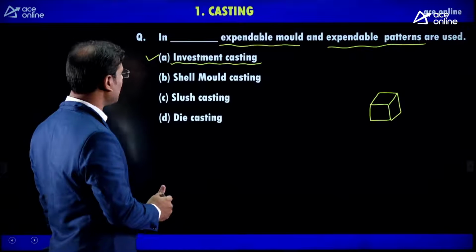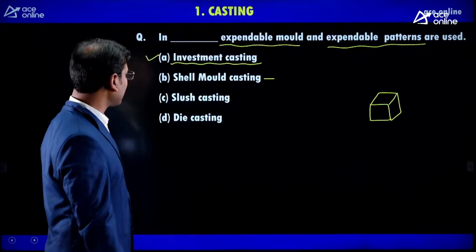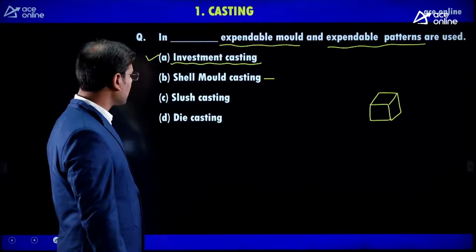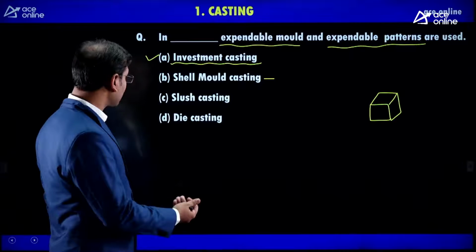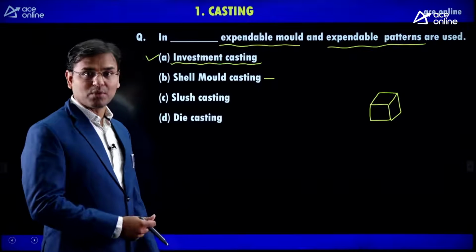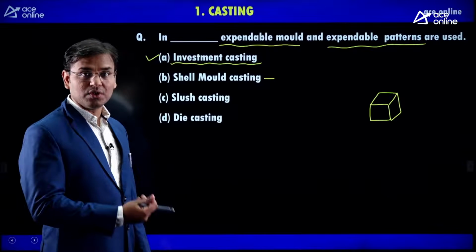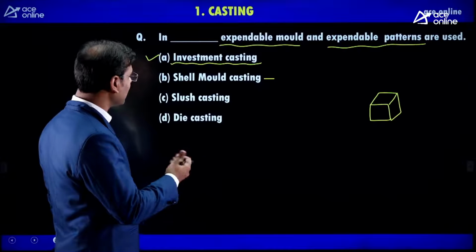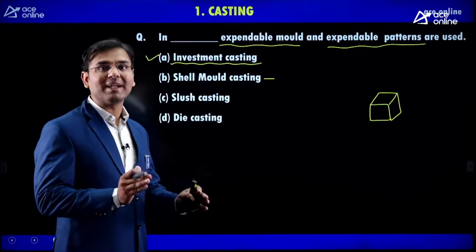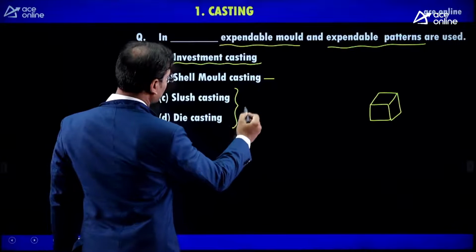Okay. In shell mold casting, guys, it is only an expendable mold process, only the mold we are going to break in the shell mold. And in slush casting also, if we make a sand mold in slush casting, then it is also an expendable mold process. Or if a metal mold is used in slush casting, as nowadays we are using, then it is not an expendable mold, because we are not going to break the metal mold.